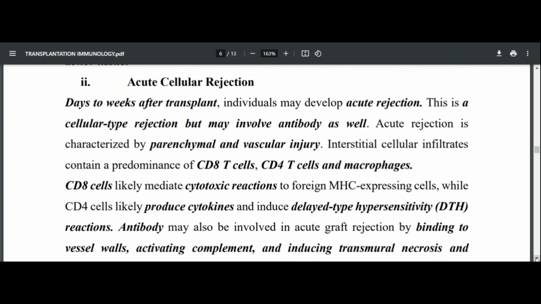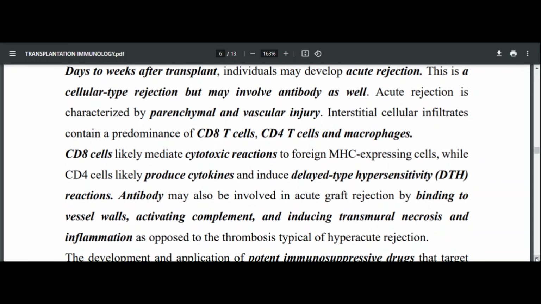They can become cytotoxic and destroy foreign cells expressing foreign MHC or foreign HLA antigens. But CD4 cells present in these infiltrates are there to produce cytokines and also to induce delayed type hypersensitivity reactions.